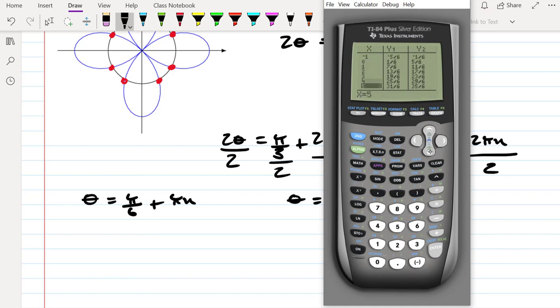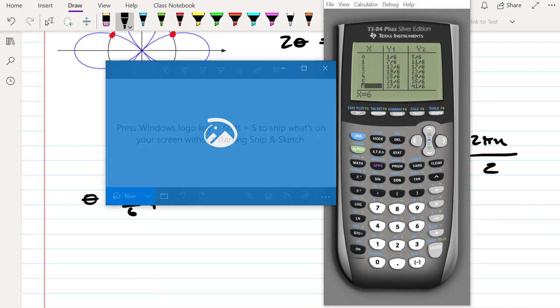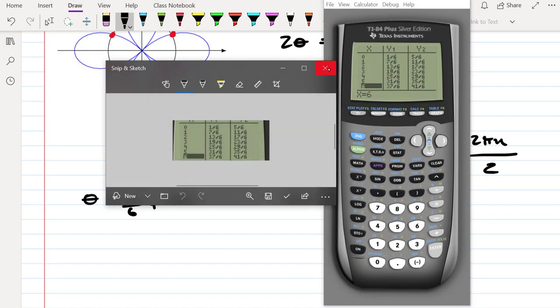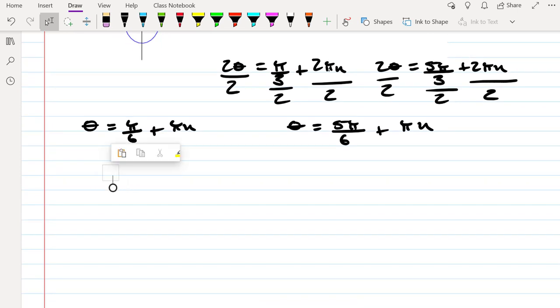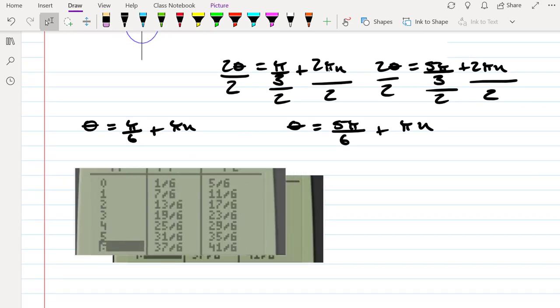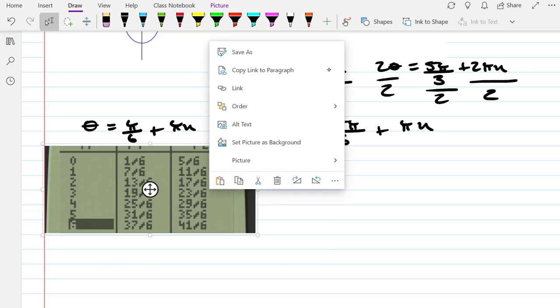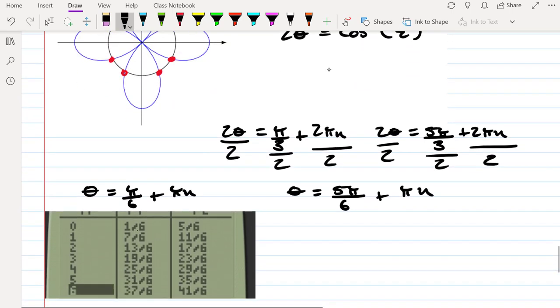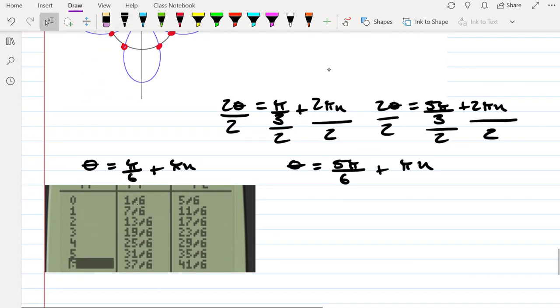So we start looking at our solutions, and we don't really care about any of the ones that are bigger than 2 pi, because 2 pi is 1 time around the circle, and we get these values here, but we have a little bit of a problem. So, when we analyze this, it gives us pi over 6 and 5 pi over 6, 7 pi over 6 and 11 pi over 6. So that's giving us only part of our solutions, and then they start repeating again.